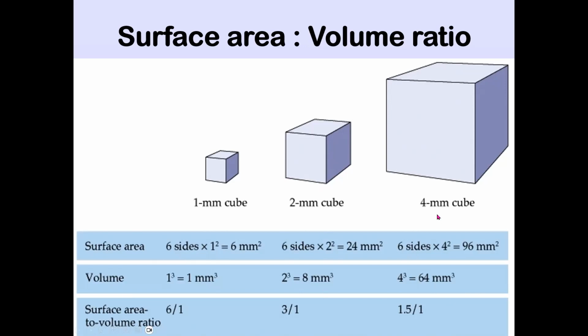And if you've got 4 millimeters, it comes to 1.5 to 1. So the bigger the object is, or whatever it is, the smaller the surface area to volume ratio. Okay, and the smaller it is, the larger the surface area to volume ratio. You can see that by these numbers down the bottom.